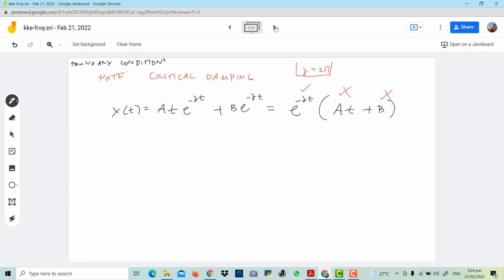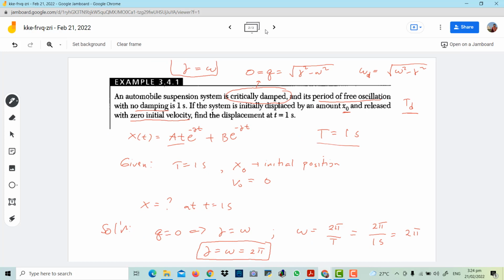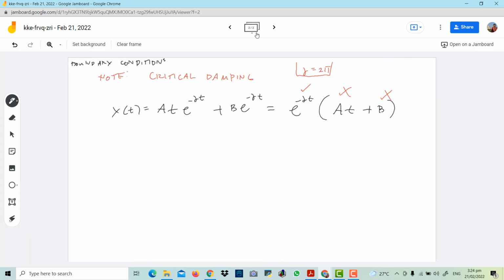So what are the initial conditions of this problem? I have two initial conditions, no? My initial conditions are x naught, the initial position, and v naught, which is equal to 0. Okay?